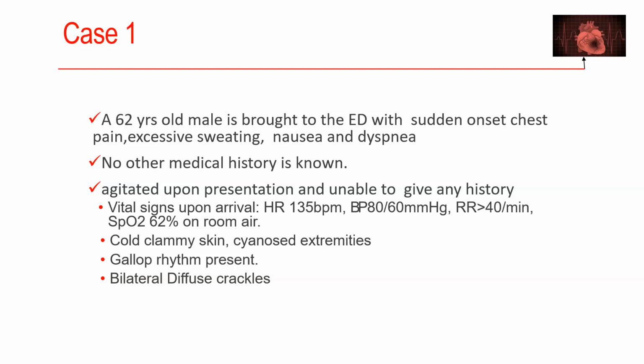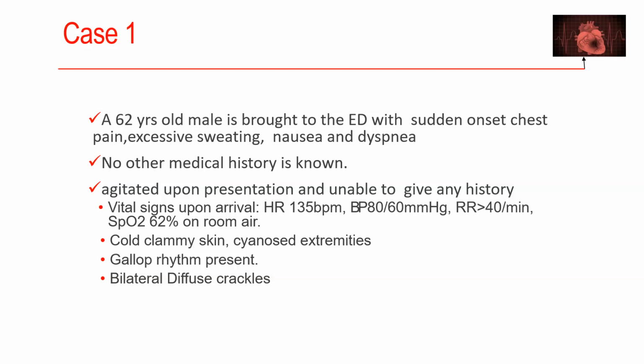Okay, so he's really agitated on presentation. His heart rate is 135, tachycardia. His blood pressure is 80/60, hypotension. He also has poor oxygenation: his SATs on room air is 62%, he doesn't have any history, and he has tachypnea.